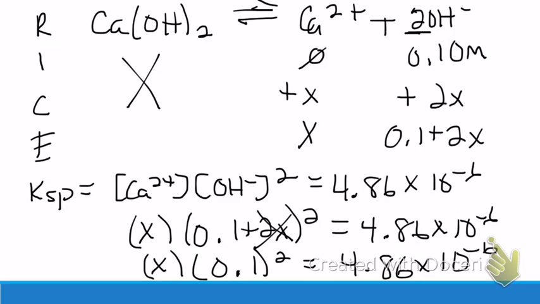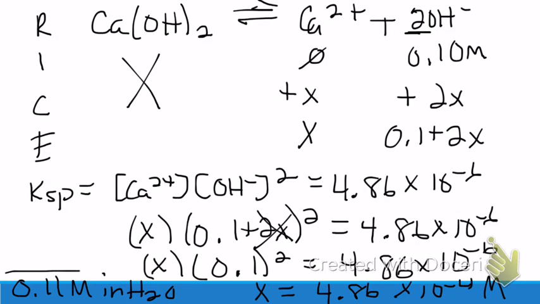This leaves us with x equals 4.86 times 10 to the negative 4 as our molar solubility. And this can be compared to the molar solubility in pure water, which is 0.11 molar. So you can see that high pH has significantly decreased the solubility of calcium hydroxide.